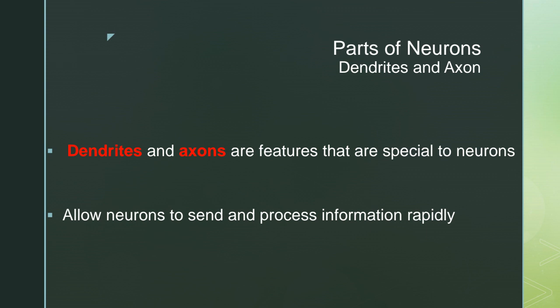So dendrites and axons are features that are special to neurons and allow neurons to send signals on to other neurons. Other types of cells don't have these features.